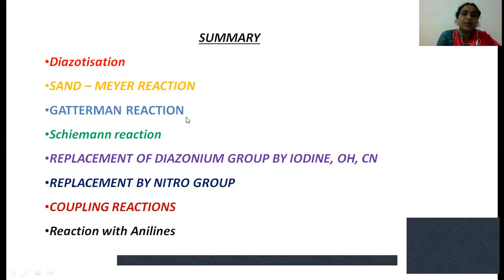These are examples of SN2 type reactions. In all these reactions, a nucleophile replaces the diazonium group and produces different aromatic compounds.